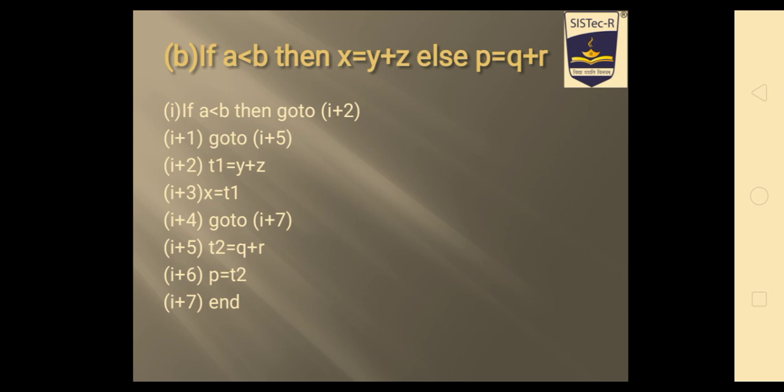But in case it is not executed, you have to move directly to I plus 5. So I plus 5 is T2. T2 is another temporary variable which is q plus r, and next T2 is assigned to p. So I plus 5 and I plus 6 are the three-address code for the else part, and I plus 7 will be the end.